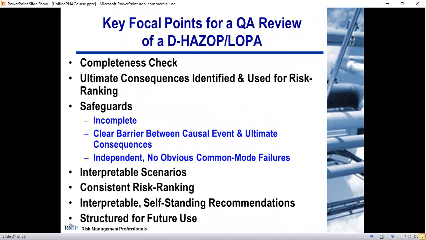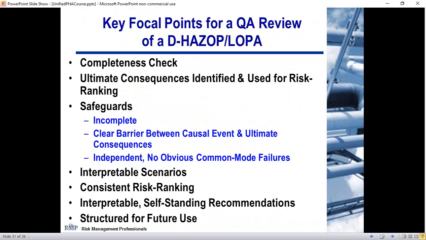Now, hopefully in a lot of cases you're not going to do something that will result in loss of life or significant damage to the facility, but that can happen. So make sure you check if you're reviewing a HAZOP or LOPA that they've identified the ultimate consequences consistently and risk ranked consistently. Safeguards, are they complete?